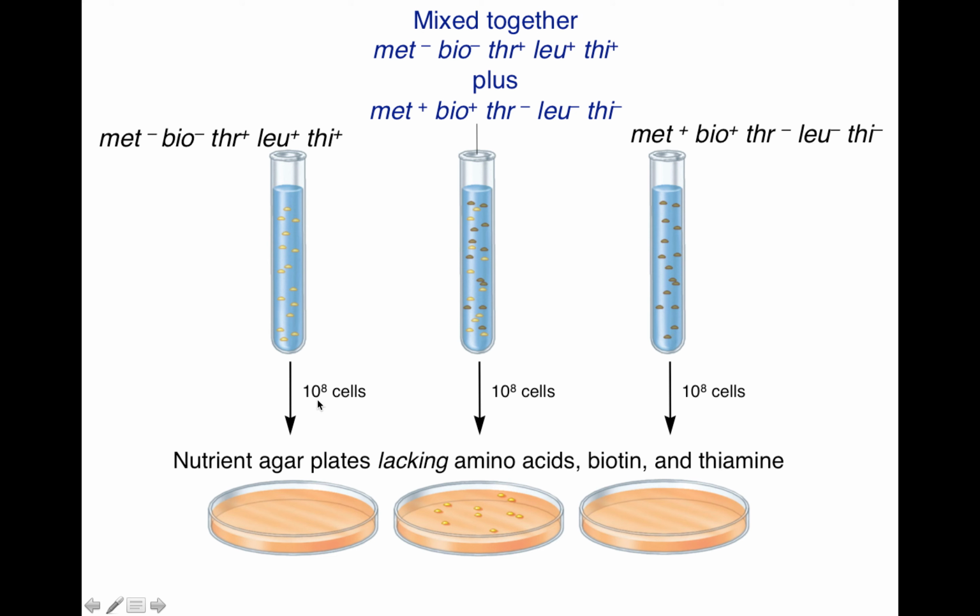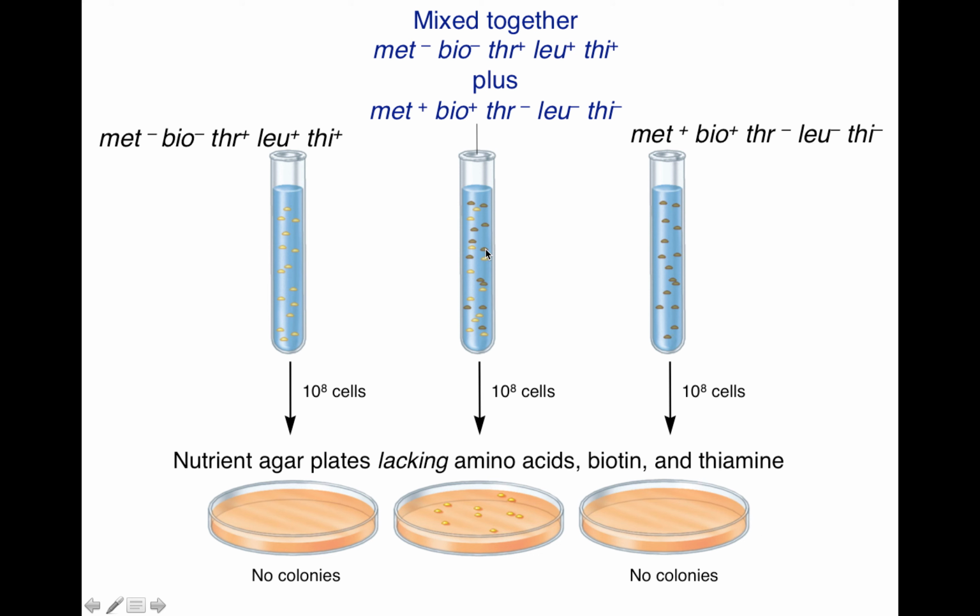They plated the same amount of cells from each of the cultures, 10 to the 8th cells, onto nutrient agar plates that lacked all the amino acids, and they lacked biotin and they lacked thiamine. On one auxotrophic strain, they got no colonies. On the other auxotrophic strain, they also got no colonies.